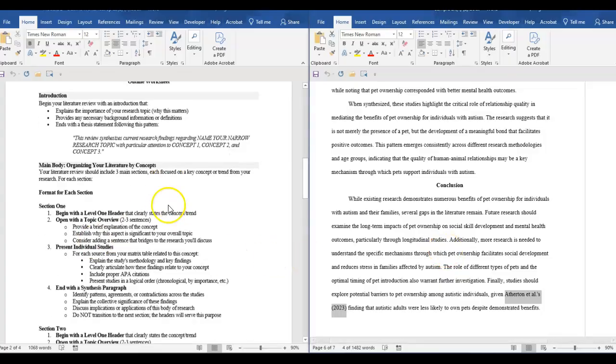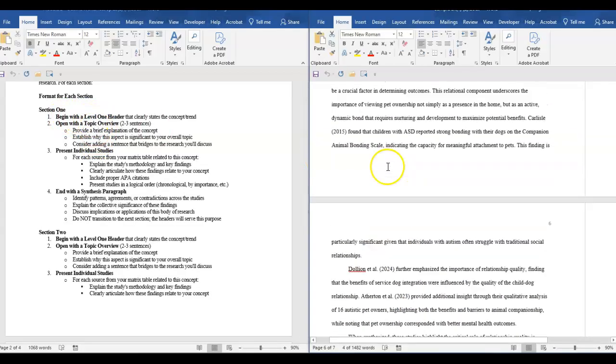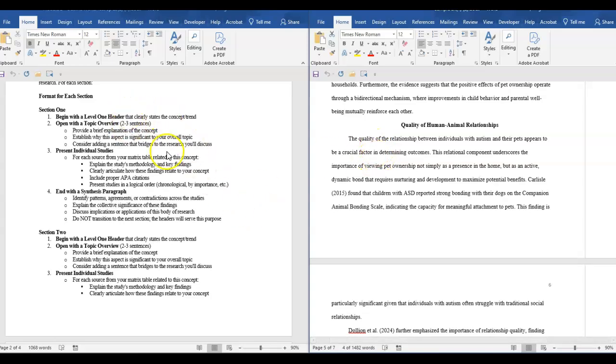All right, so as for your outline, again, each section is going to follow this particular way of going through: open with a topic overview, present your individual studies, and end with a synthesis paragraph. Okay? When you're presenting your studies, though, remember you are not giving your big summary that you gave in the annotated bibliography.